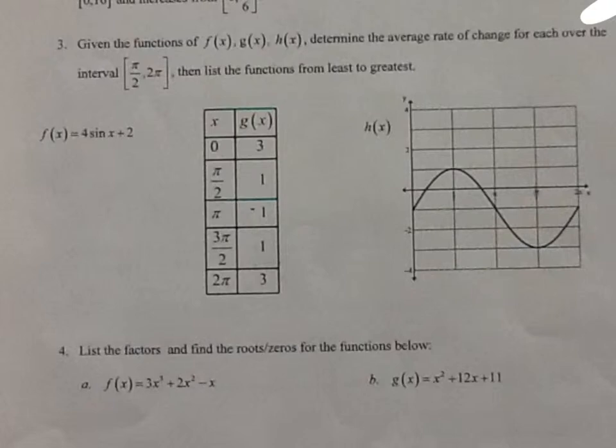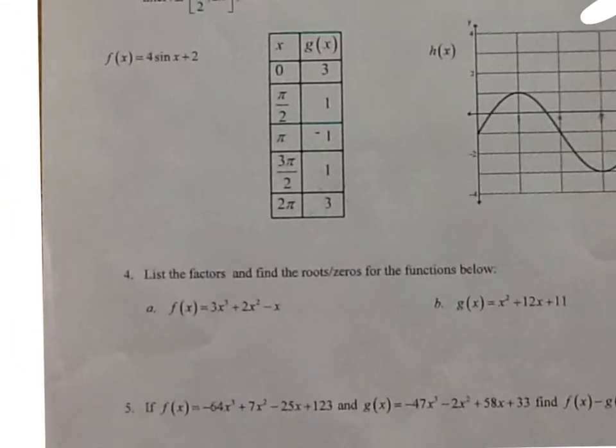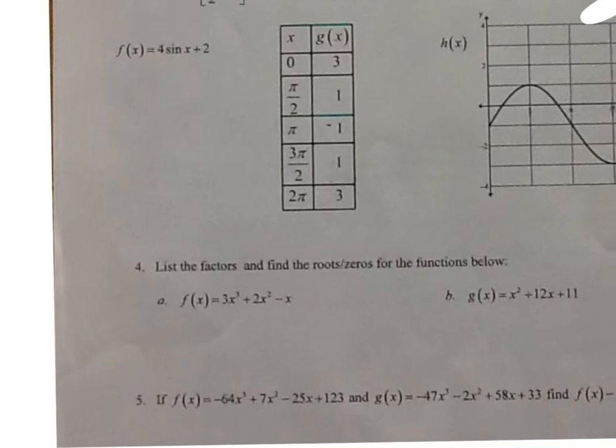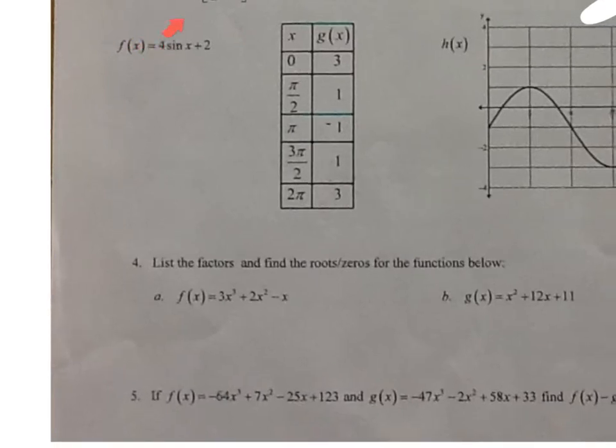Okay, so let's start with the equation over here. So we're starting with this guy here. So I'm going to now write down my x values and find my y values. All right, so I know one of my x values here is pi over 2. And my other x value is 2 pi.